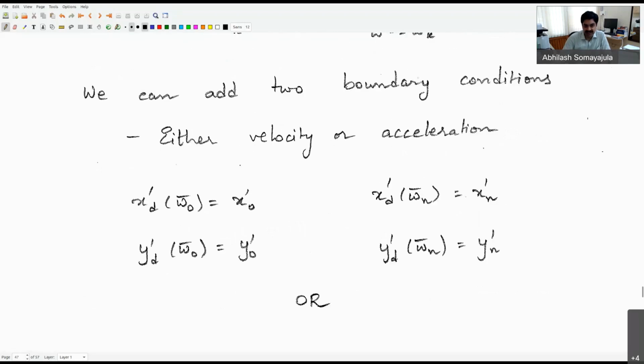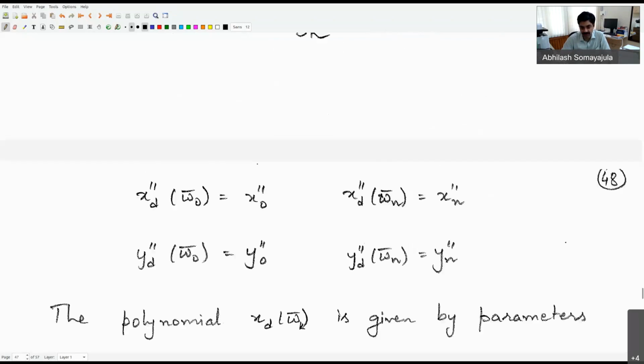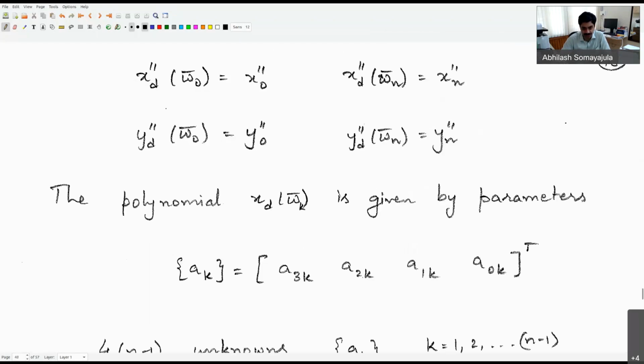We also looked at the idea that we will have a boundary condition which is specified either in terms of velocity or in terms of acceleration, but not both, because we will have a sufficient number of equations to solve for the number of unknowns if we only specify one of them. And we saw that usually you can choose between the velocities or the accelerations, depending on how you want to give the user a choice.